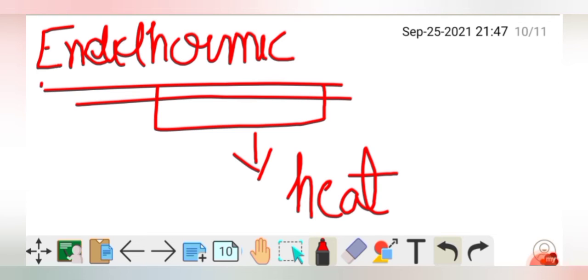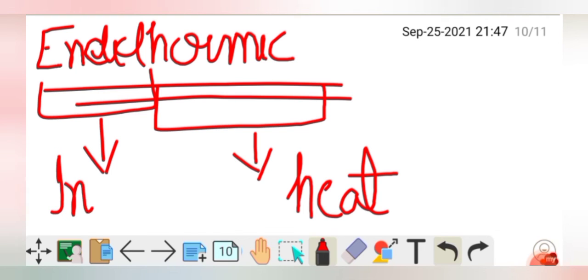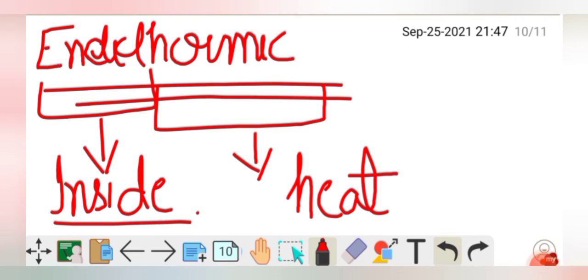But here it is not written exo, it is written endo, and endo means inside. So heat, or any form of energy, is absorbed in this reaction.